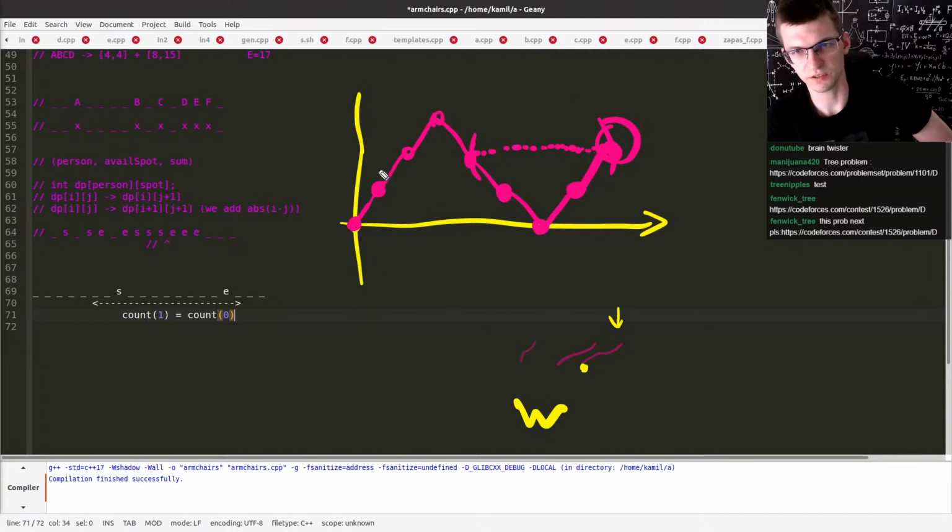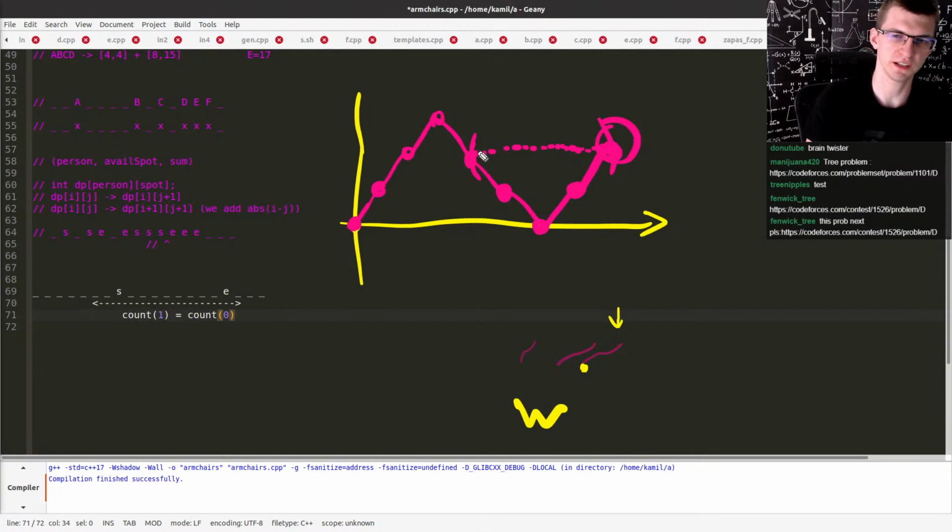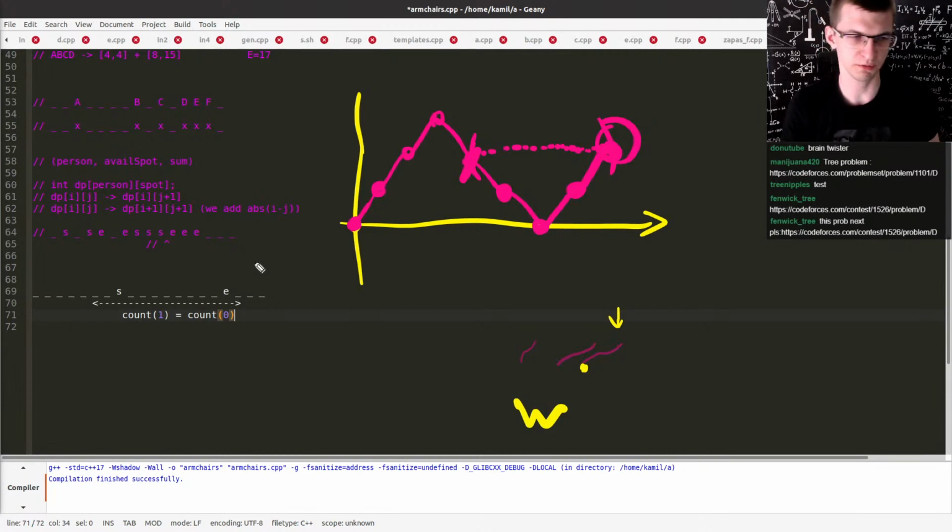So the solution is to imagine this graph. So we will need something like a map or an array for every height, what's the last occurrence of this height. And then whenever we have new height, we check that last occurrence and we say that this is possible interval. This is how we get linear number of candidates, and then we can do linear DP. Cool.